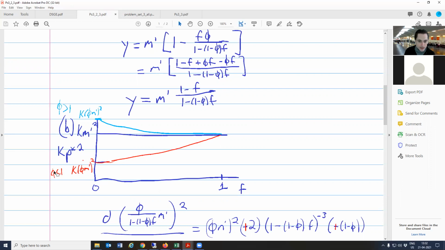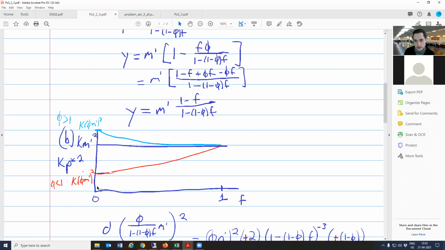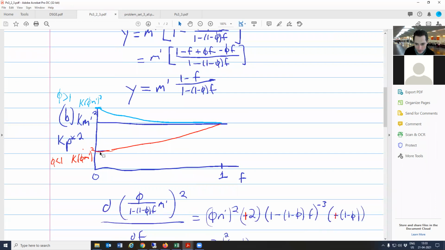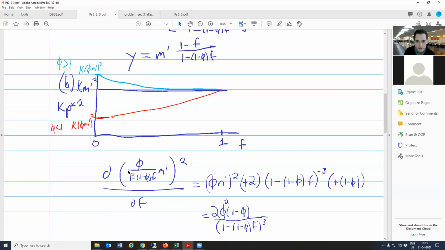First, let's consider the case where phi is less than 1. Okay, so first let's start off by just setting F to 0. So what would that be? Well, I've dropped the K, but this is P star to the P star squared, excuse me. So if F is 0, you can see that this denominator is just going to be 1.